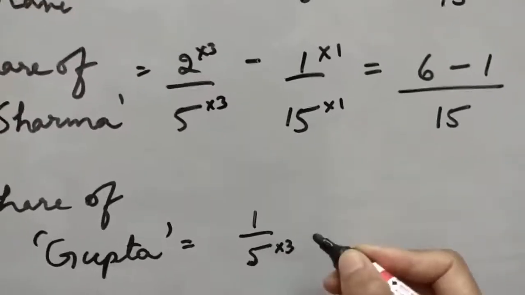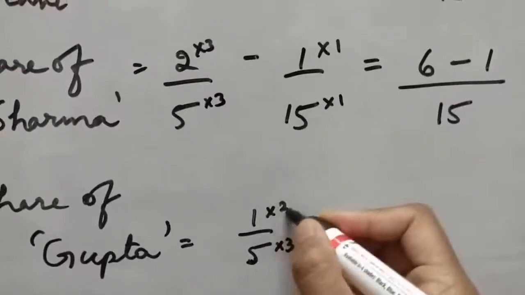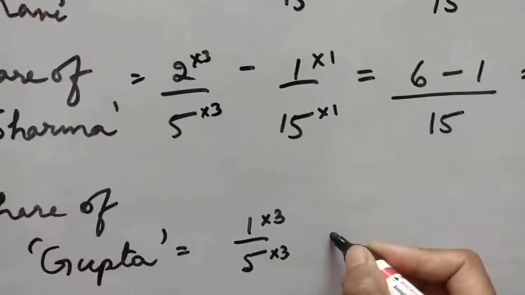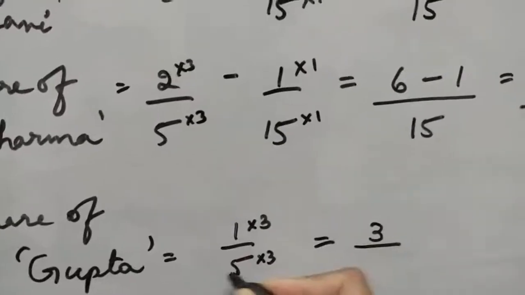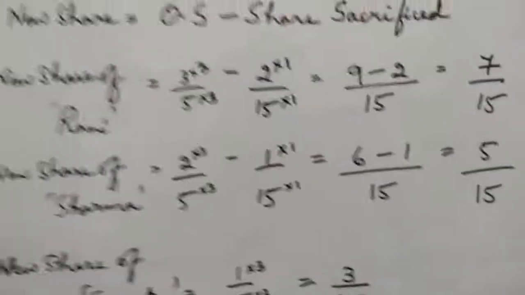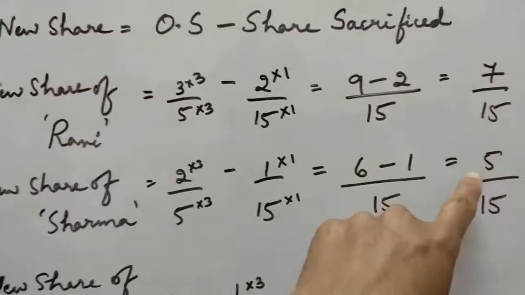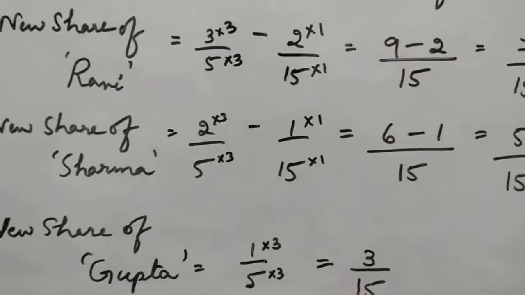5 3s are 15. So bring the same denominator, 1 3s are 3, 5 3s are 15. Now just observe, you get 7 by 15, 5 by 15 and 3 by 15.